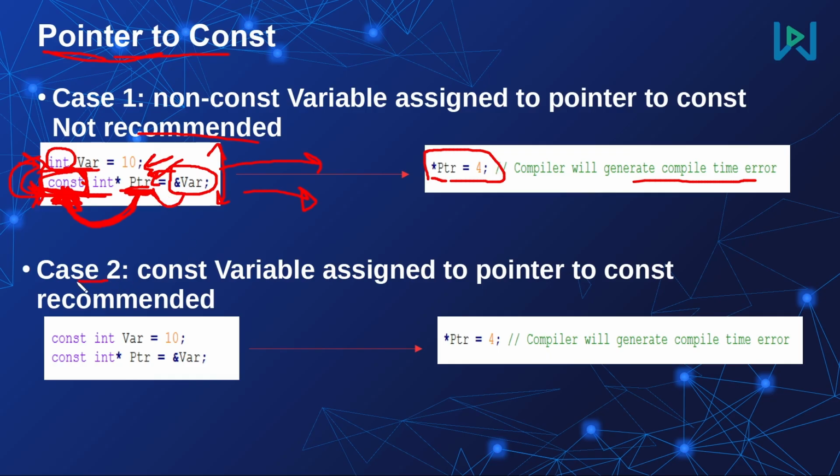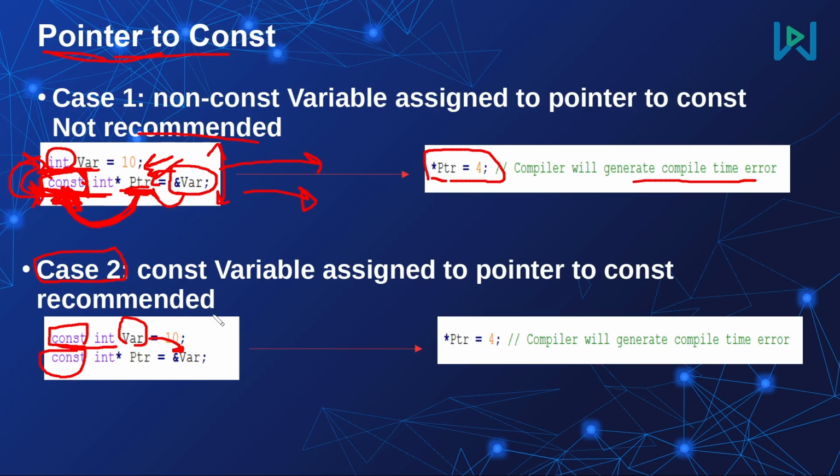In the second use case, I have tackled this problem or mismatch in terms of type qualifier between the pointer and the variable. And hence, as you can see, the variable used to initialize our pointer will have the same const type qualifier as our pointer.